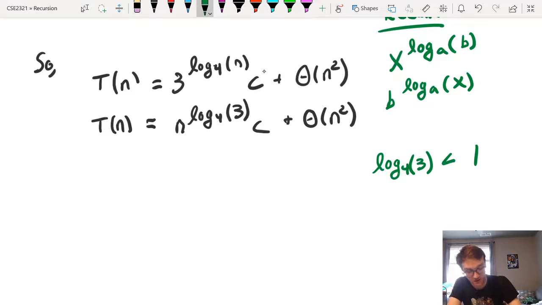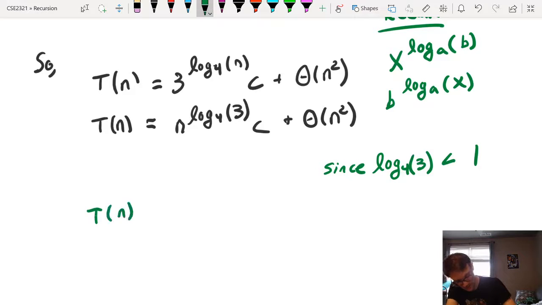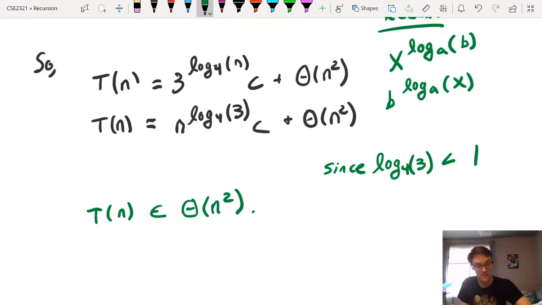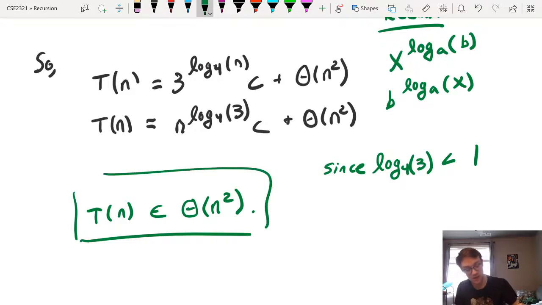So we're comparing something less than n to something like n squared. The winner there is definitely n squared. Since that's true, T of n is in theta of n squared. Depending on the problem, it's actually possible that the first term could have been the dominant term. So we can't always just ignore the thing that's appearing out front there.